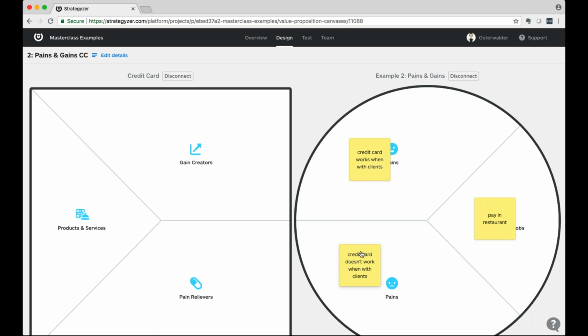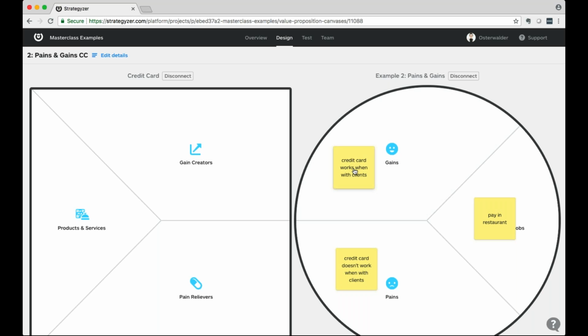And so then we can ask, well, okay, the opposite would be credit card works when I go eat with clients. Is that really a gain? Well, probably not. That's just what I expect. So often when people make customer profiles in the meeting room, they will have pains and gains that are just the opposite side of the coin or a continuum.